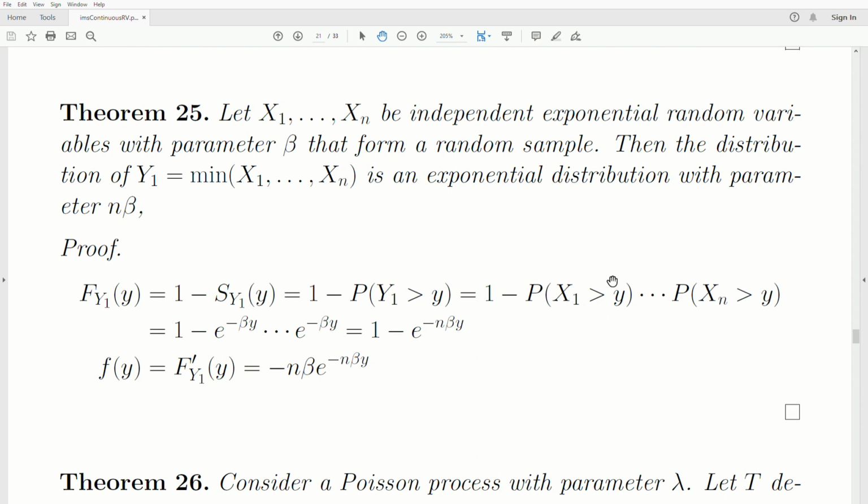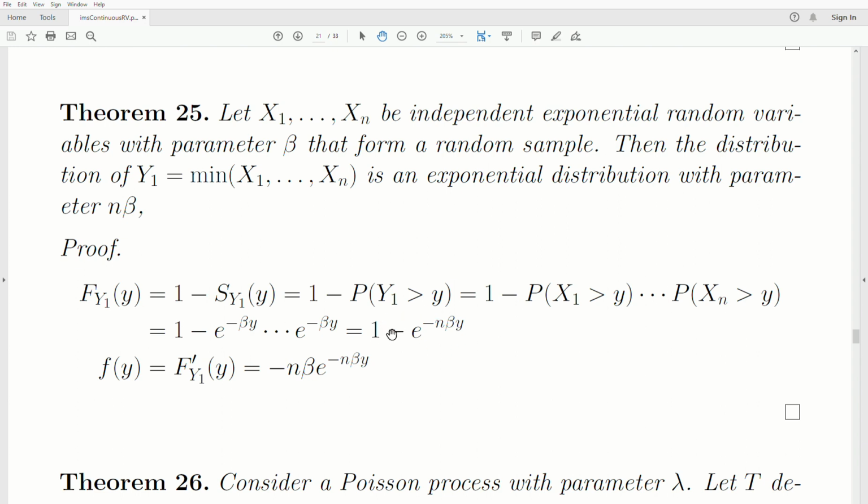And since they're independent, it's the product of these values. Well, since the x's are exponential random variables, and it's a survivor function, we know that value is e to the minus beta y for each of those. And the product, there's n of them, so it's going to be e to the minus n beta y.